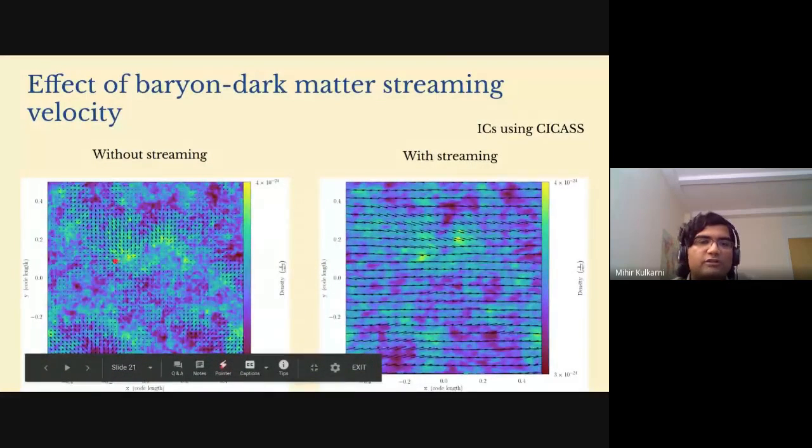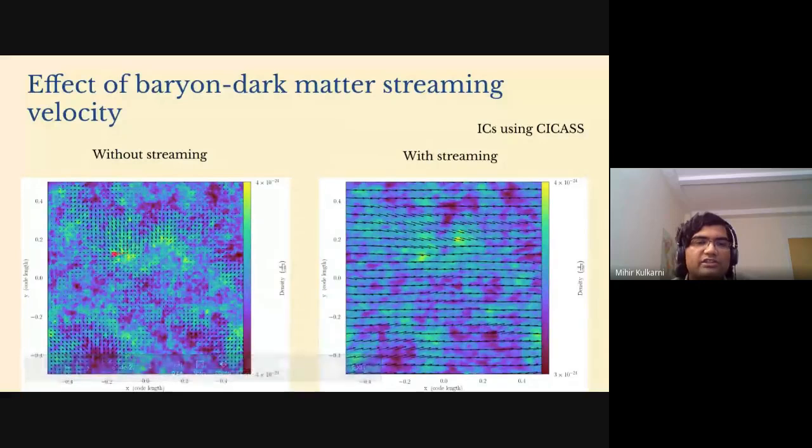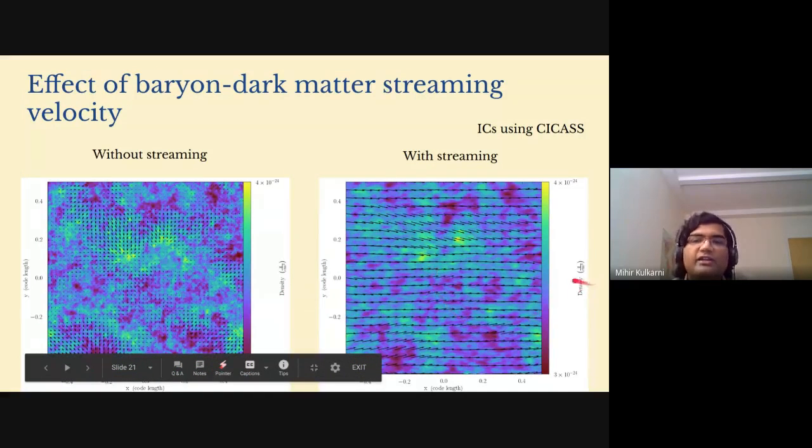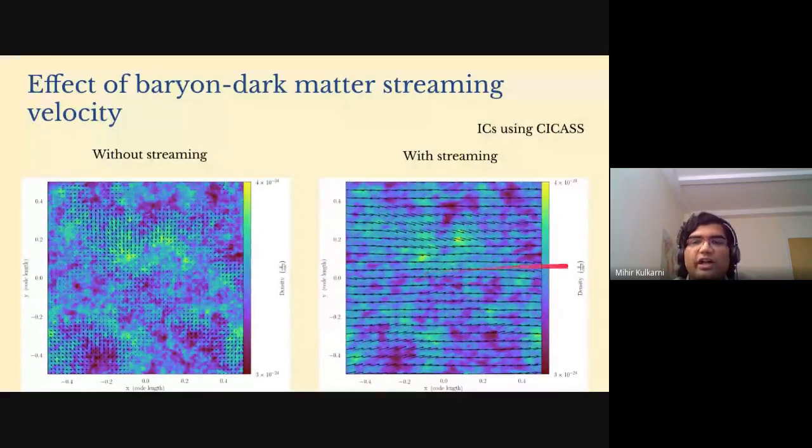For example, the velocity is going to the dense region here, whereas in this case, we have added a streaming velocity in this one direction, x-axis. On top of this added streaming velocity, this also erases some small scale structure, which is going to delay formation of first stars.